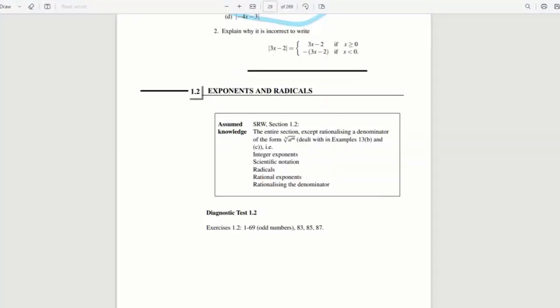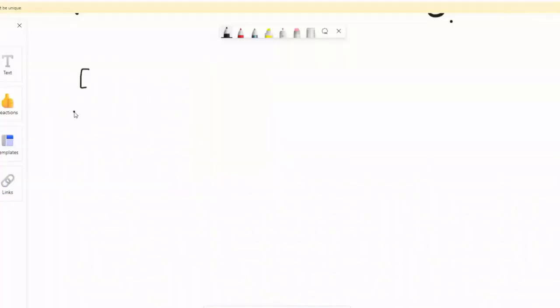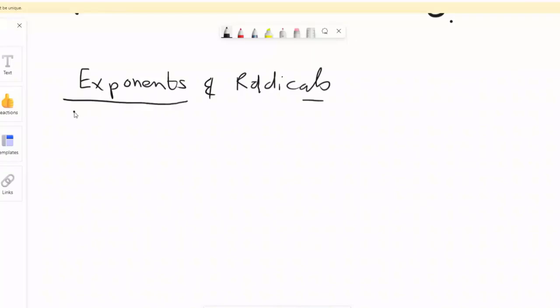Exponents and radicals. So let me just go to that section. Let me just note the laws of exponents, and maybe just have some results on the radicals also. People, you have these laws of exponents that you guys are familiar with. a, m, and n are real numbers, okay?